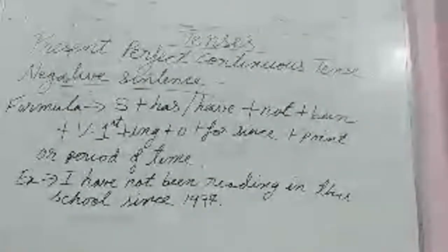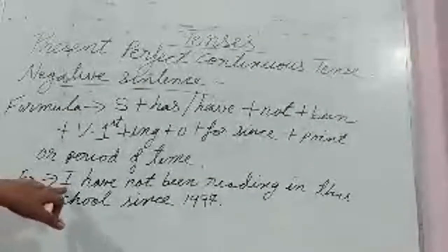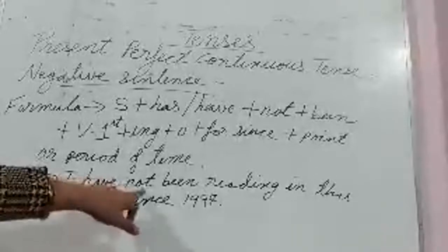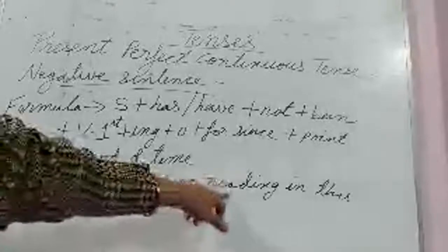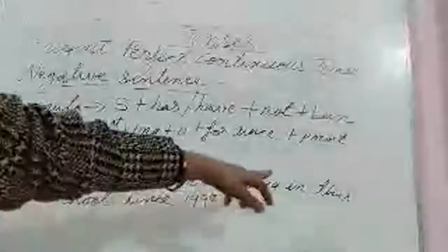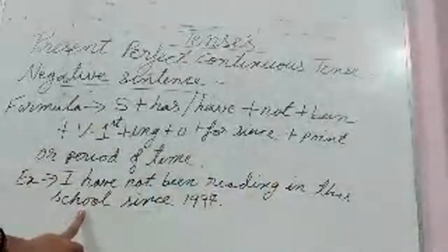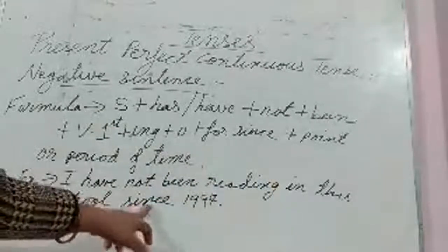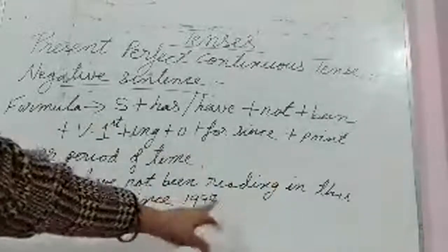Here, I is your subject. Have not because it is negative. Been reading, verb of first form, plus ing to it. In this school, school is your object. Since 1997.